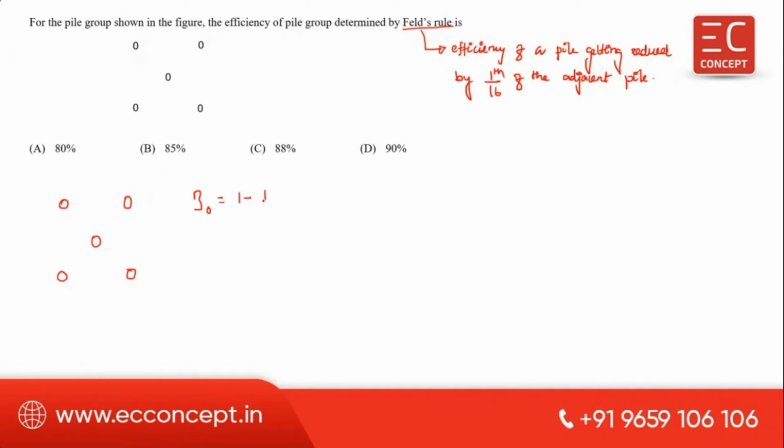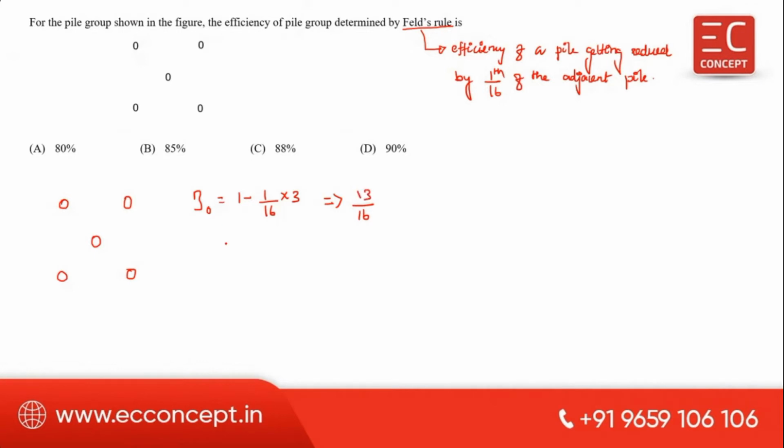Each pile is affected by 1/16 per adjacent pile. For the outer piles there are 3 adjacent piles, therefore multiply by 3. So the answer is 16 minus 3, 13 divided by 16.